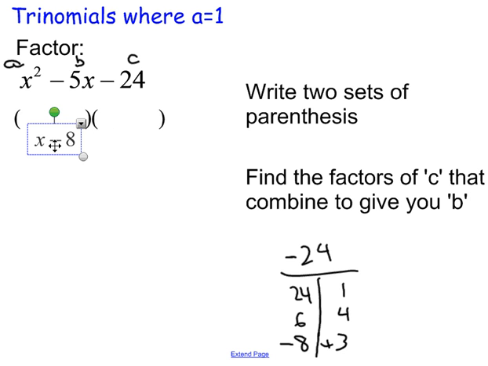So you get x minus 8, and you get x plus 3. Okay, so these two terms, the negative 8 and the plus 3, they have to multiply to C and they have to add up to B. And if you want to make sure that you got it right, you can just FOIL it out. If it comes back to the original, it's correct.